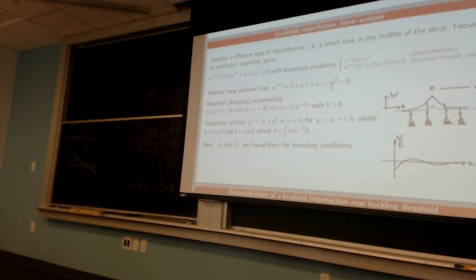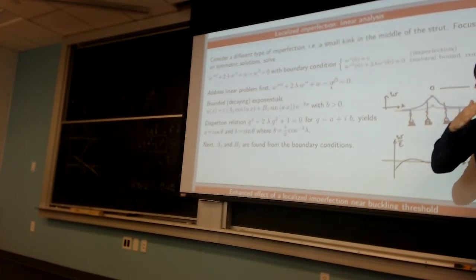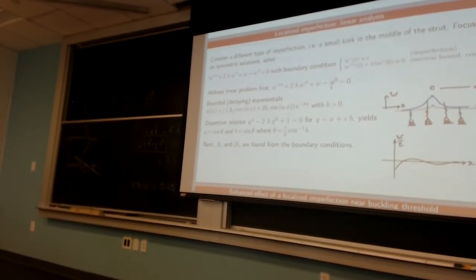An easy way to do that is to consider, for instance, an imperfect configuration that has an infinitesimal kink, a small change, it's been bent a little bit. If you do the Fourier transform of that, you find that all the modes are present. And also it's nice because it complements the previous analysis, because that's really a localized imperfection, while the other one was periodic.